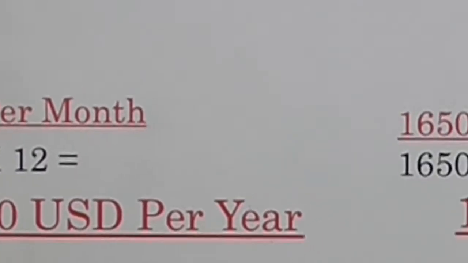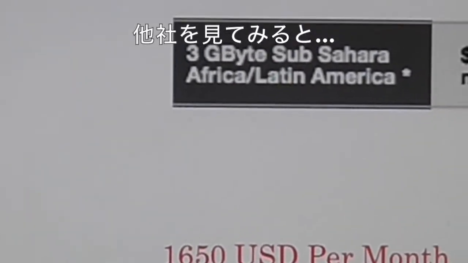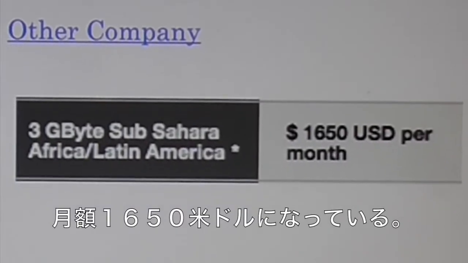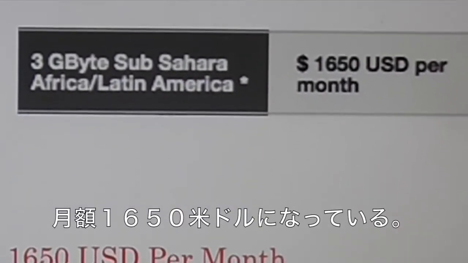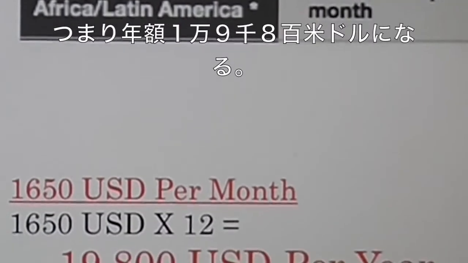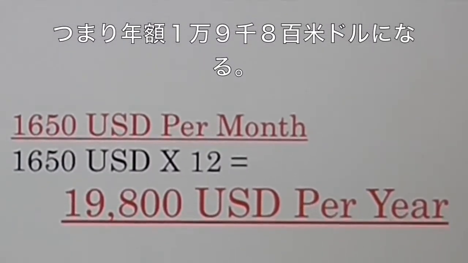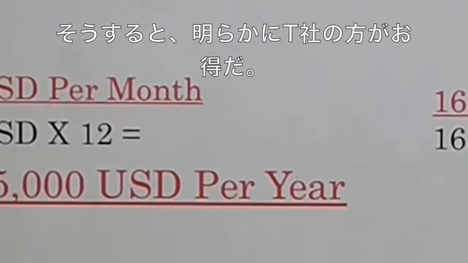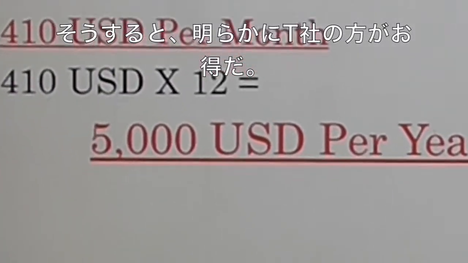For some other companies, it was $1,650 per month, so annually it will be $19,800 per year. So this one is of course so much cheaper than that.